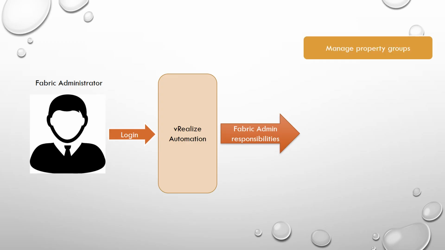Now let us discuss the complete set of responsibilities for the fabric administrator. It manages property groups. Now, these property groups are basically the group of custom properties that are present inside vRealize Automation. It manages the compute resources that are coming from the endpoints that were created by the IaaS administrator.